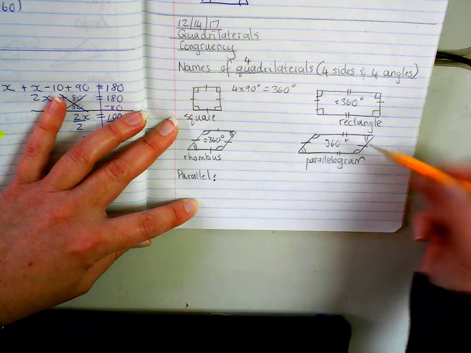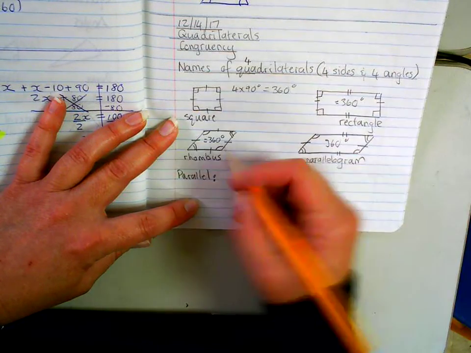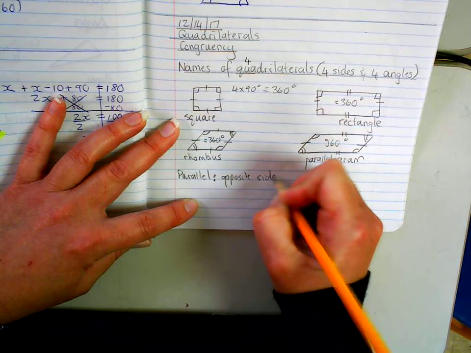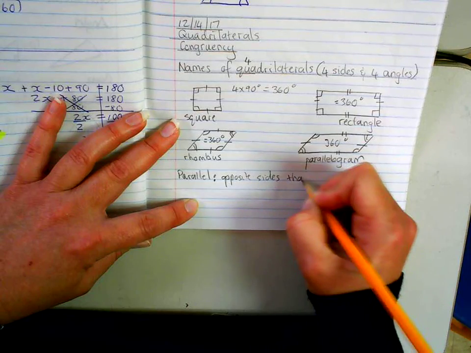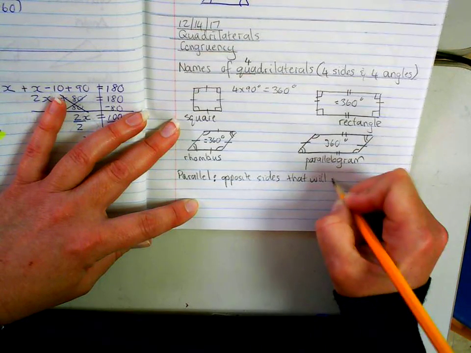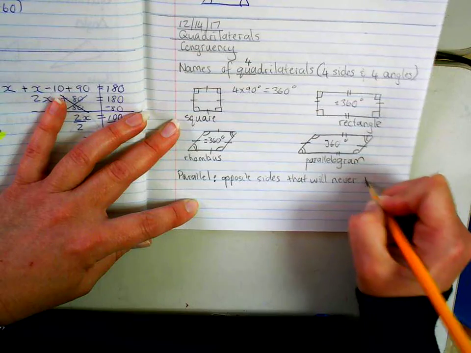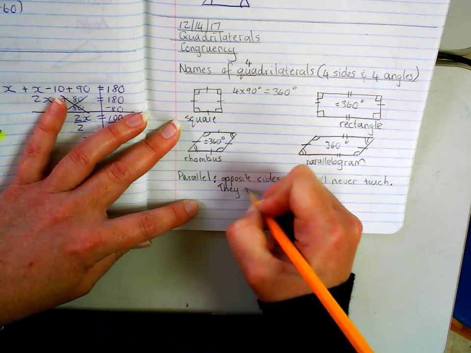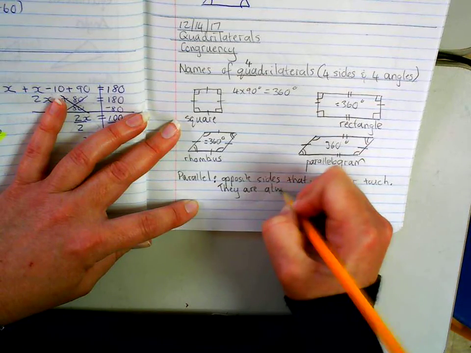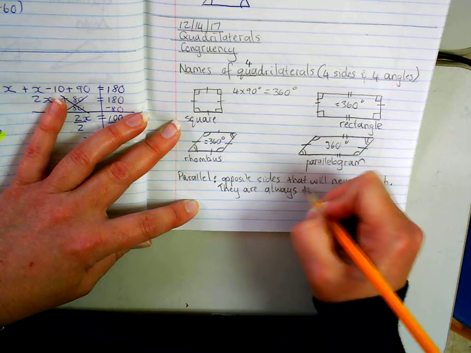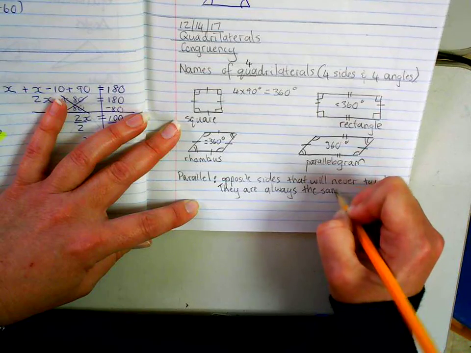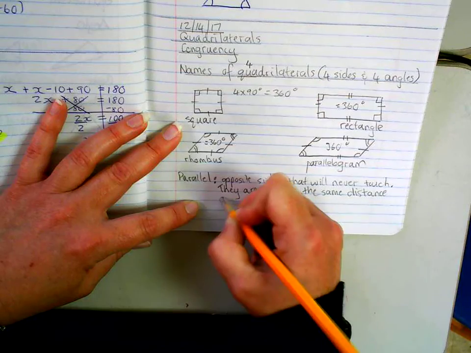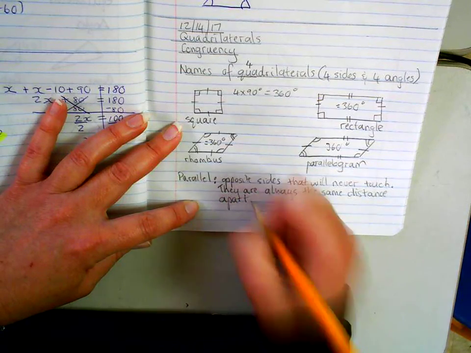It is opposite sides that will never ever touch, because they are always the same distance apart. Okay, let's see how it works here.